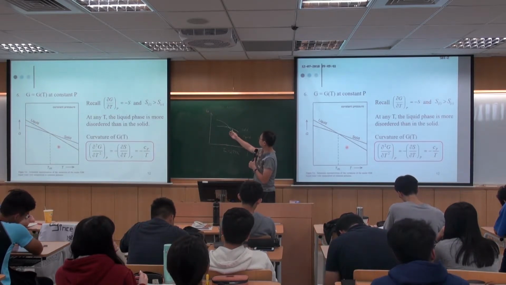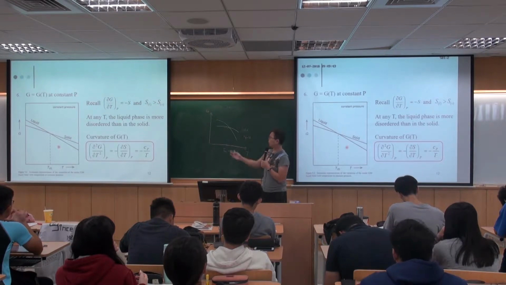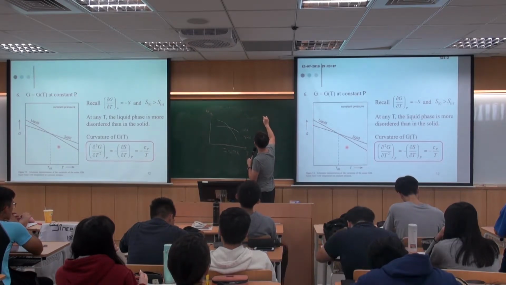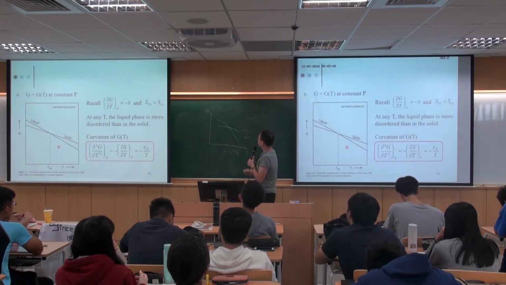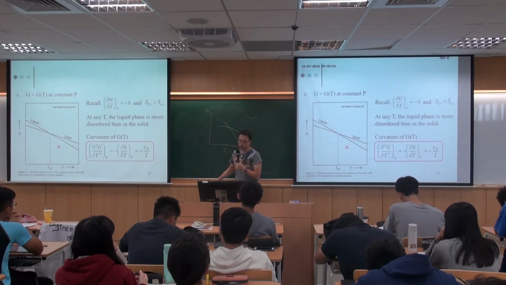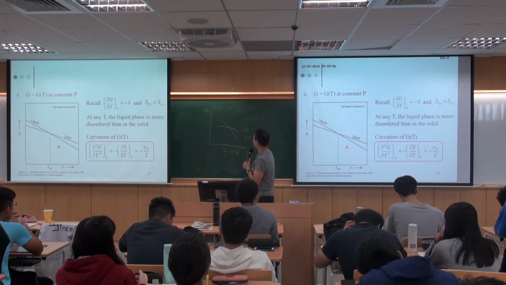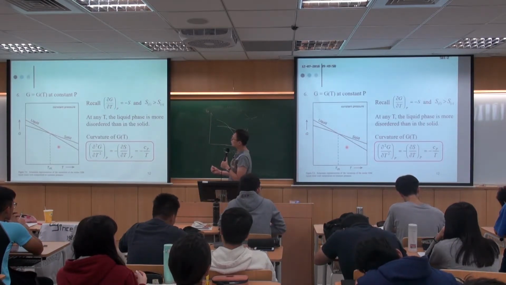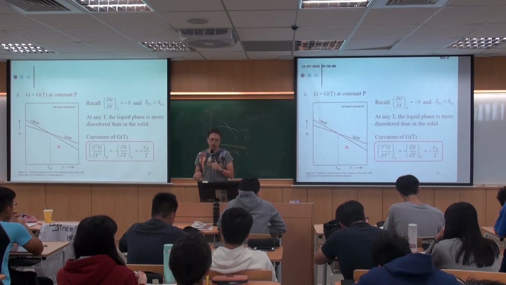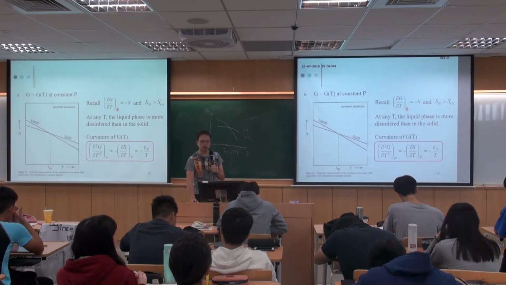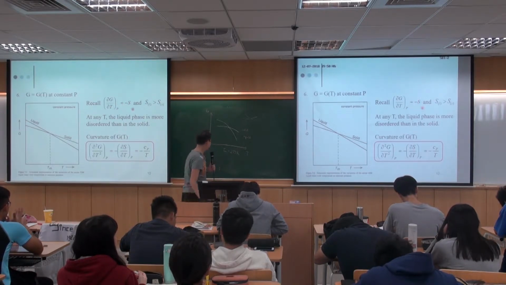So how do we know that it should be something like this rather than bending upwards? Why not like this? This is due to some thermodynamic properties that we can derive. First of all, let us look at the slope. Recall that partial G partial T at constant pressure is simply minus S, right?